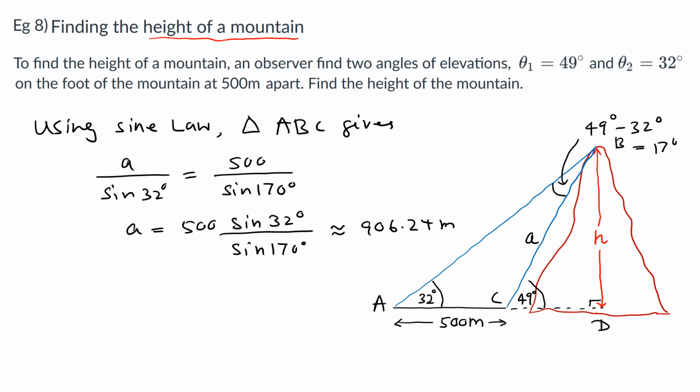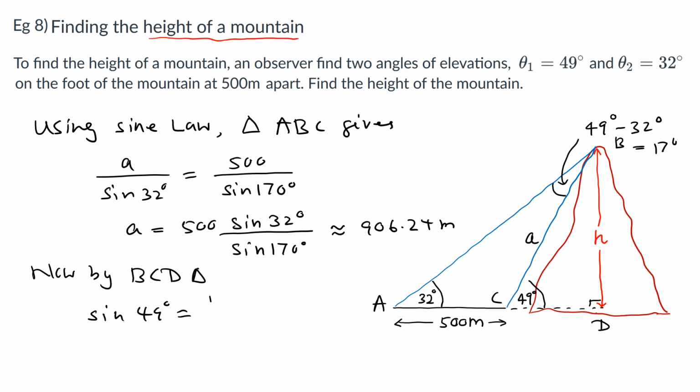Now we can use the other triangle, which is a right triangle, and from that we can find H. In triangle BCD, we know the hypotenuse and we are looking for the opposite side, so we use sine.